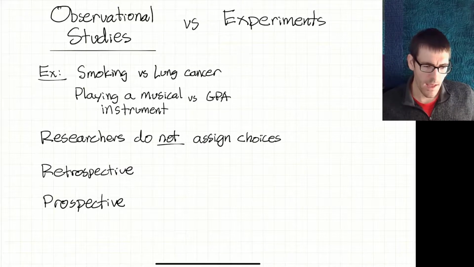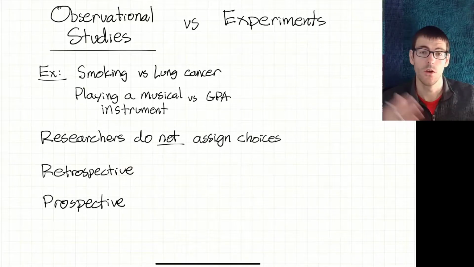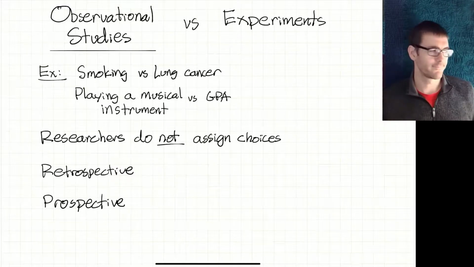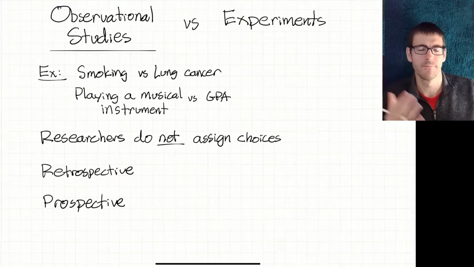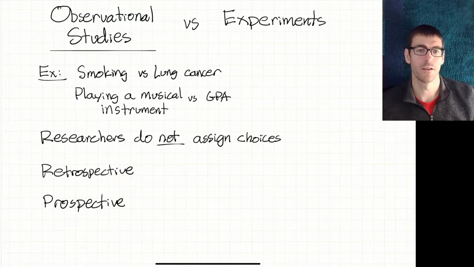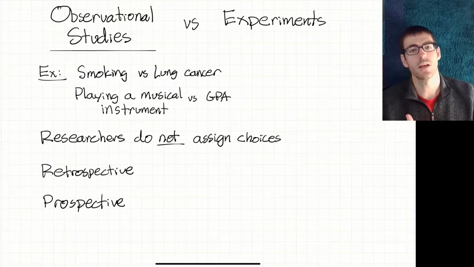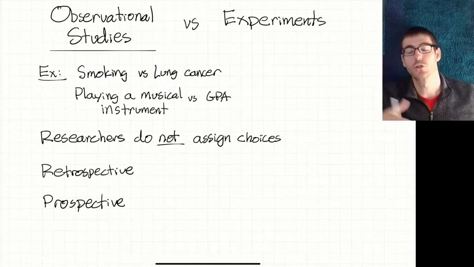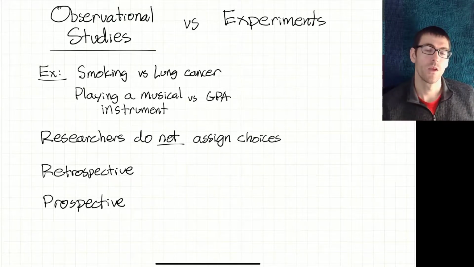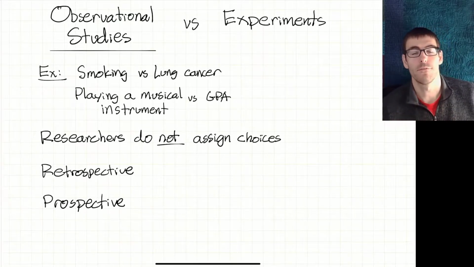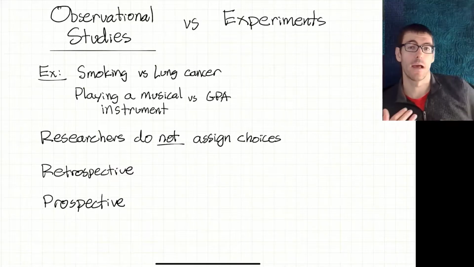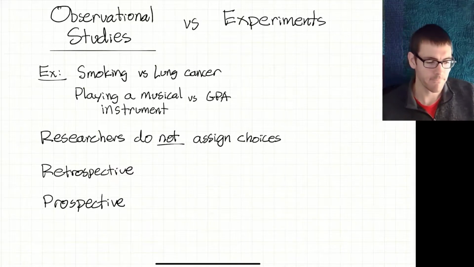So a prospective study might happen if we had our batch of kids who are entering elementary school, where they're making this decision to play an instrument or not. We then recruit them for the study and then track their progress into the future. So that would be a prospective study. A retrospective study would be if we just now decided, hey, we wanted to know this, let's go back and look at school records. Cool.